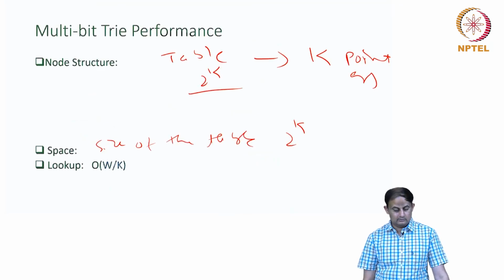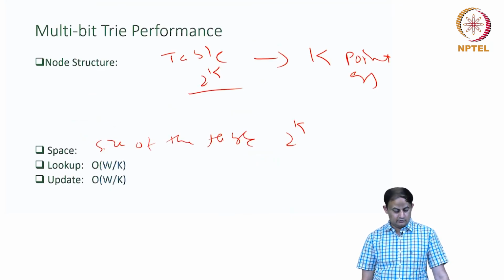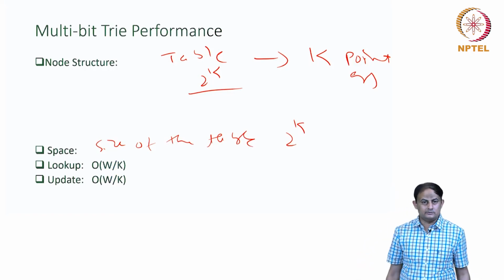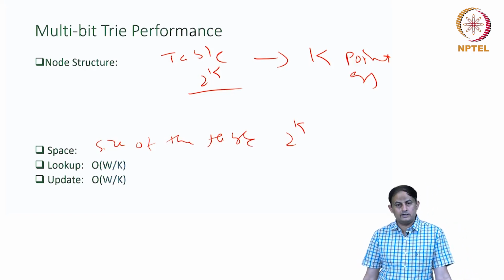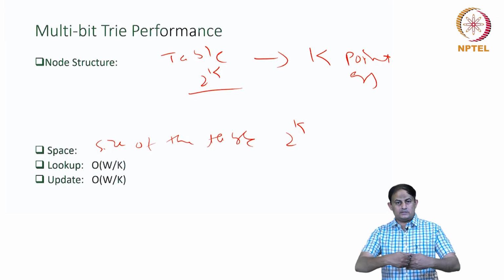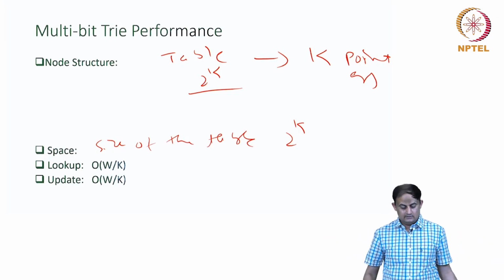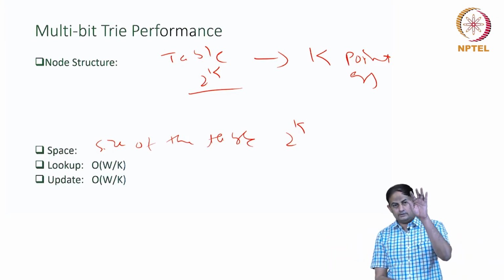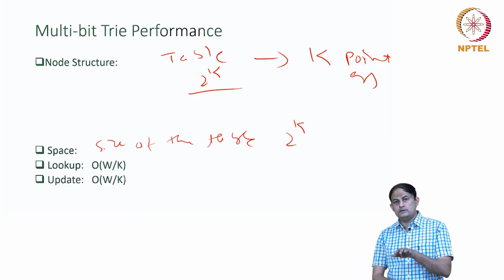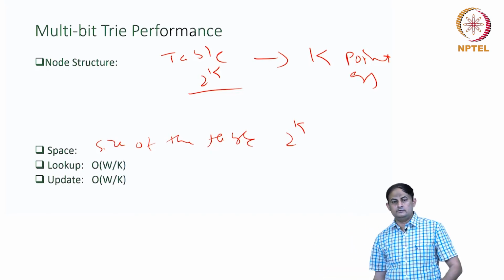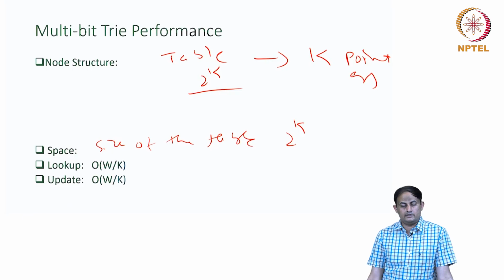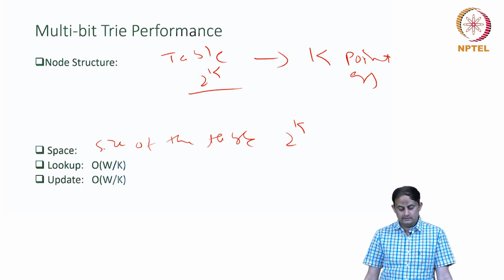So, w by k is the total number of lookup operations that you do, and again as usual the update operations will also take w by k time. In the worst case you traverse the entire w by k tables, that is the height of the tree, and then you add a new entry in the table. So, that is the performance of this multi-bit trie.